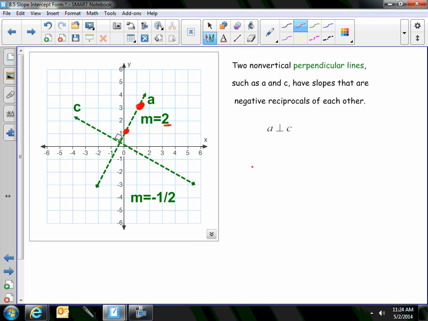In our line C, I can plot a point here. I rose a positive 1, and I'm going to run a negative 2. On our perpendicular lines, they have slopes that are negative reciprocals of each other. So since this slope in A is a positive 2, line C will be a negative 1/2.